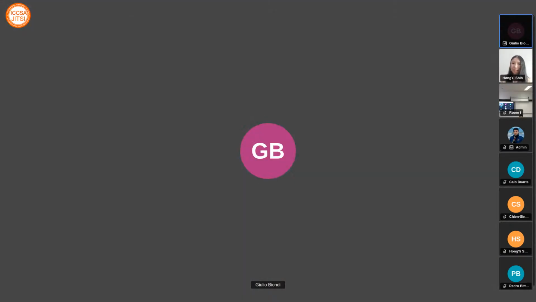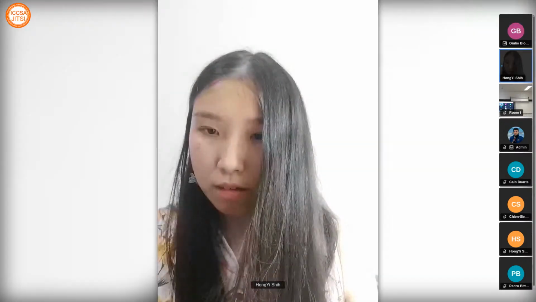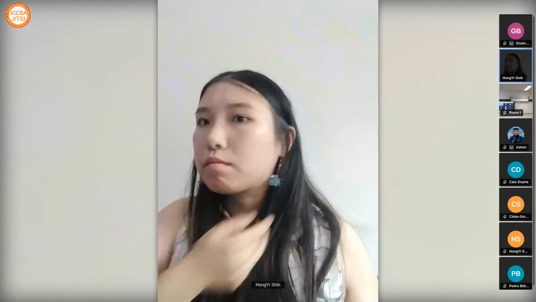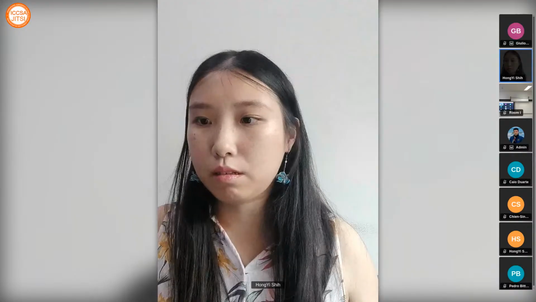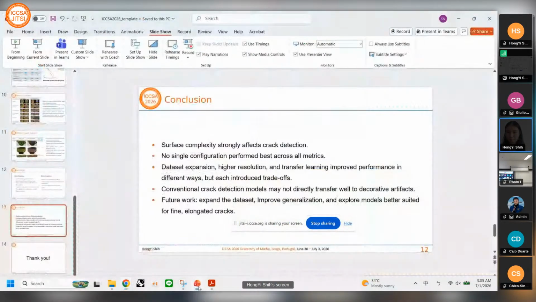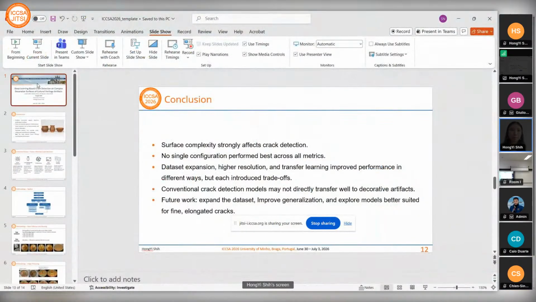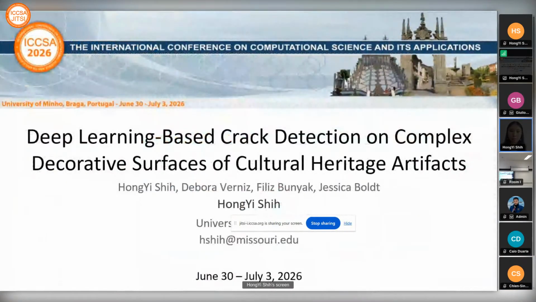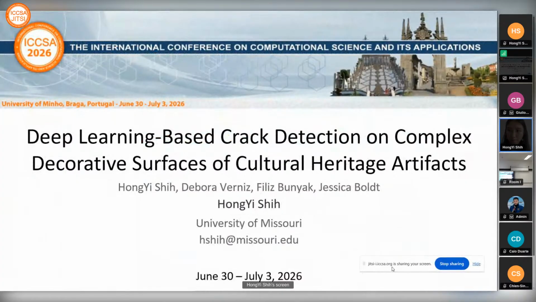Okay, so if you want, you may go ahead and try to share your screen. Can you see my screen? Yes, perfectly. It's full screen.